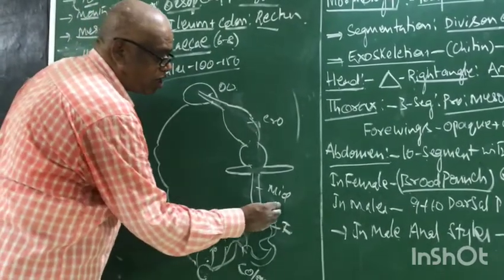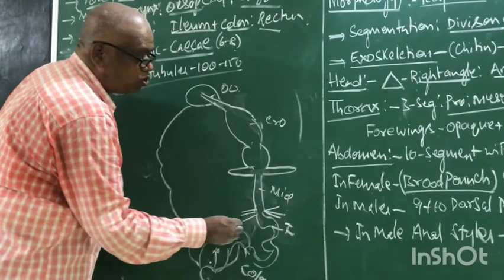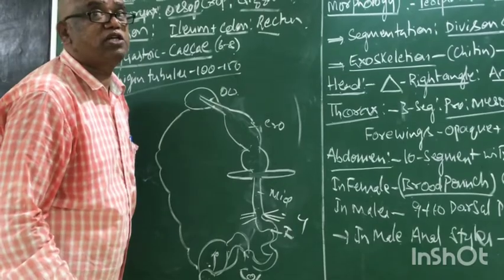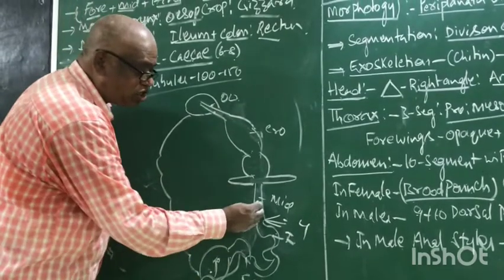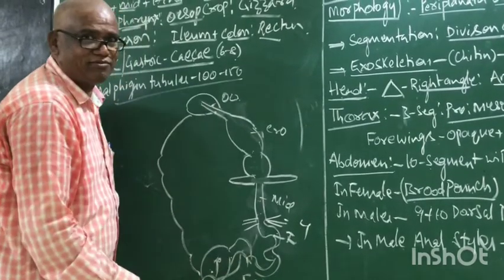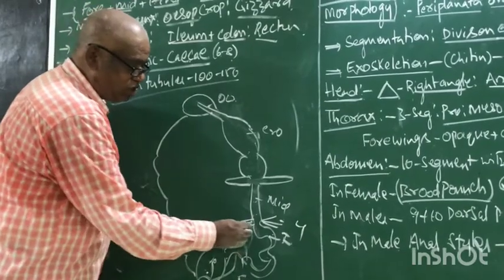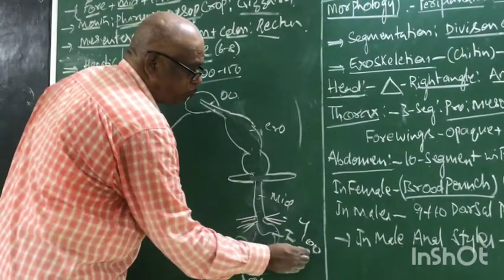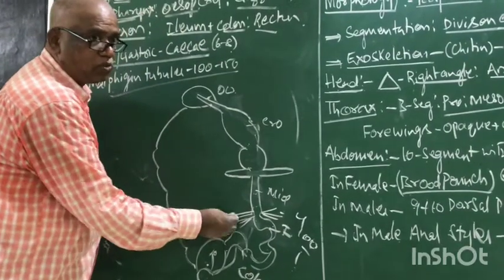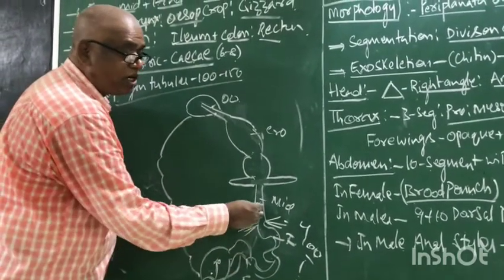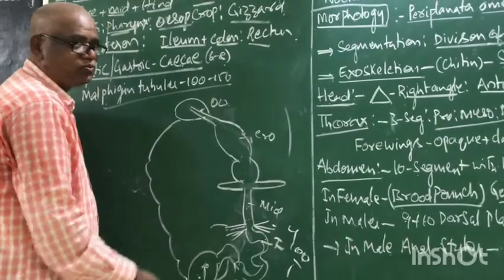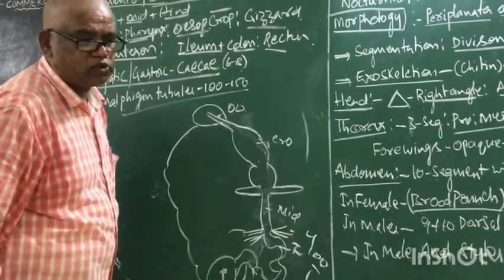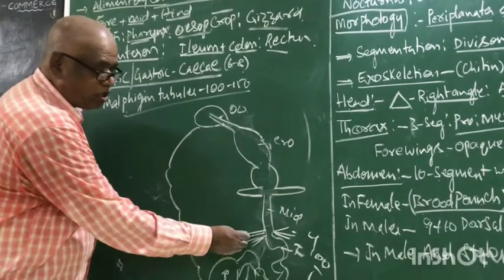similarly, 100 to 150 outgrowths, yellow colored Malpighian tubules, are located at the junction of midgut and hindgut. How many? 100 to 150. Name, Malpighian tubule. Location, at the junction of midgut and hindgut. Now 90% of students can be misled by the name.